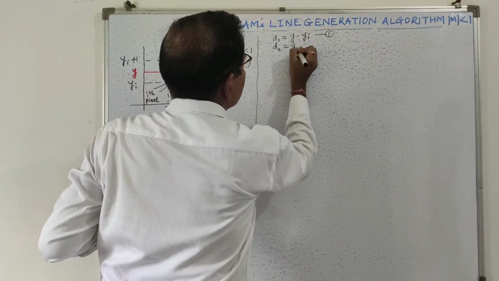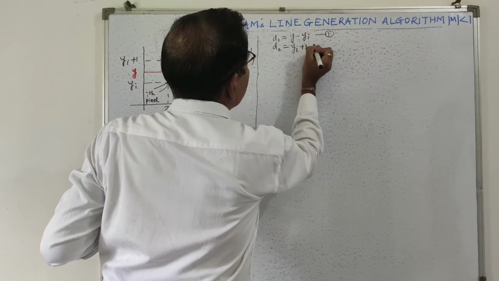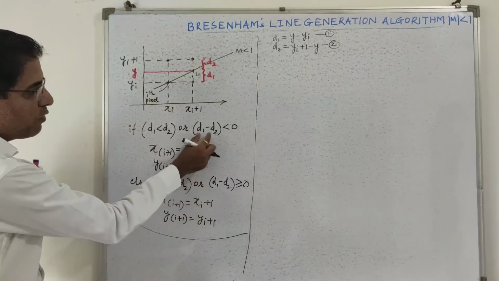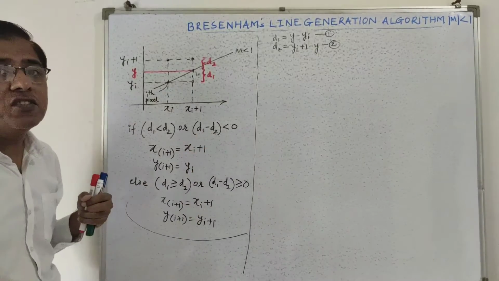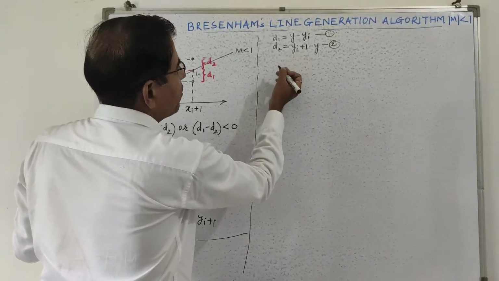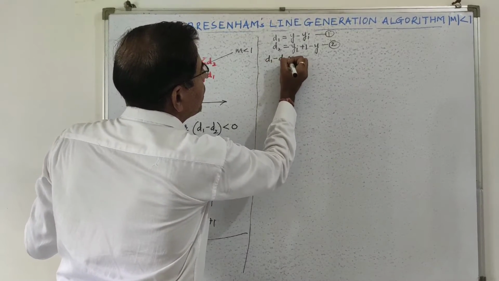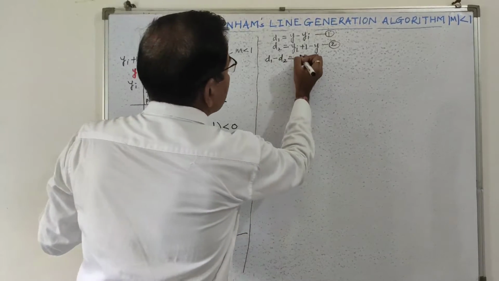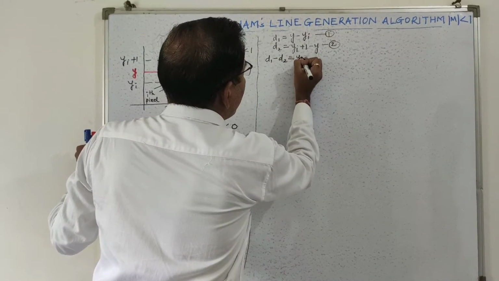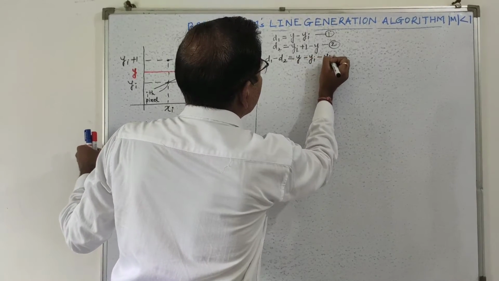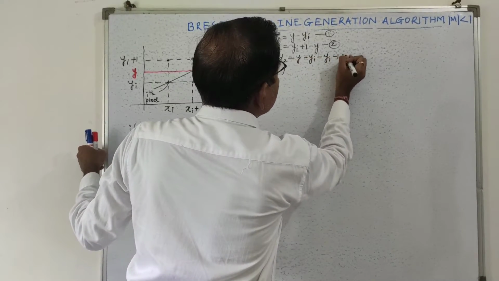This is the second equation. Now we require the expression in d1 minus d2 form. So subtract equation 2 from equation 1. So d1 minus d2 is equal to y minus yi minus yi minus 1 plus y.